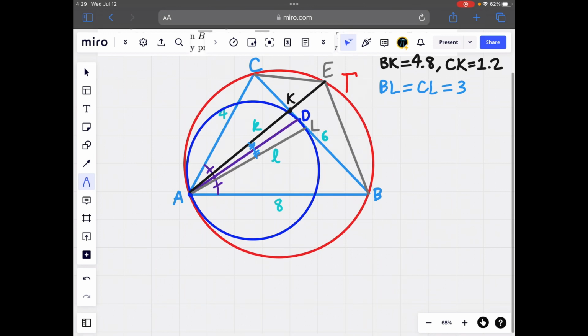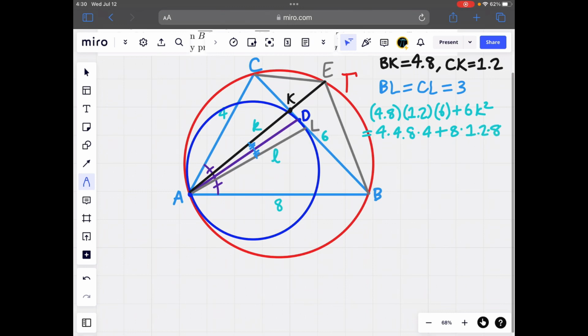Then, using Stewart's theorem, with BK equals 4.8 and CK equals 1.2, we can find little k. Using Stewart's theorem, man plus dad equals bomb plus sink, we have 4.8 times 1.2 times 6 plus 6k squared equals 4.8 times 4 squared plus 8 squared times 1.2.